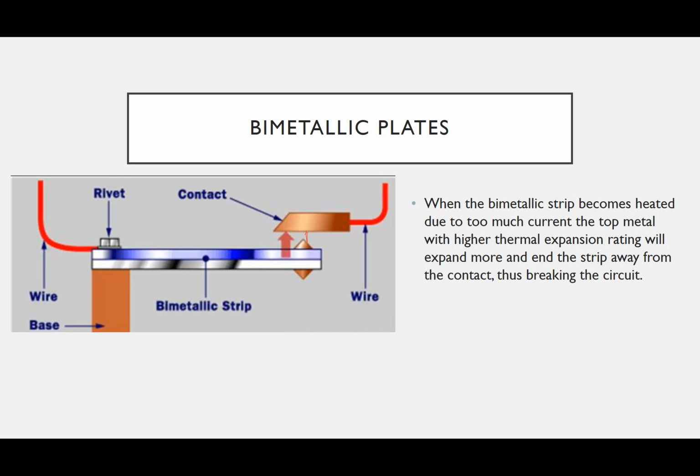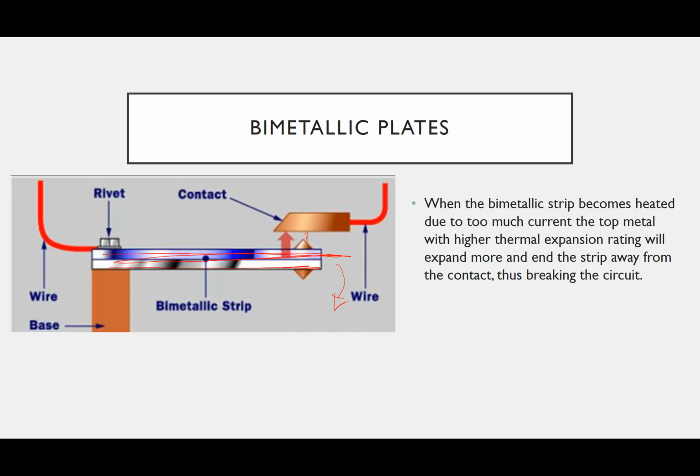Sucks for me. So, with higher thermal expansion rating, what's going to happen is the top one is going to expand more. So this is going to get longer. As this one gets longer and this one stays to the close side, it's going to bend down and away from the contact.